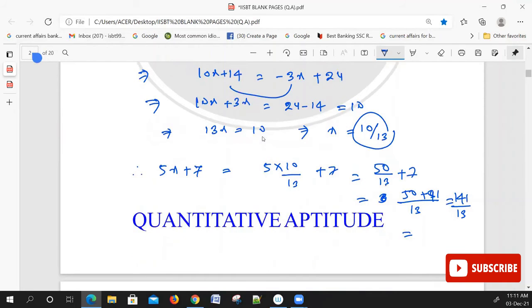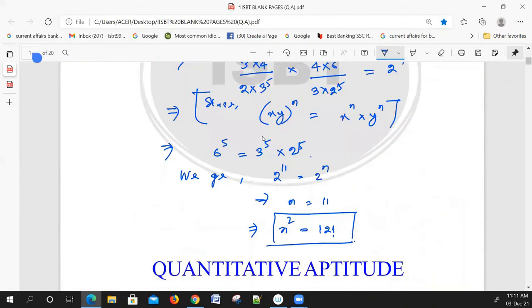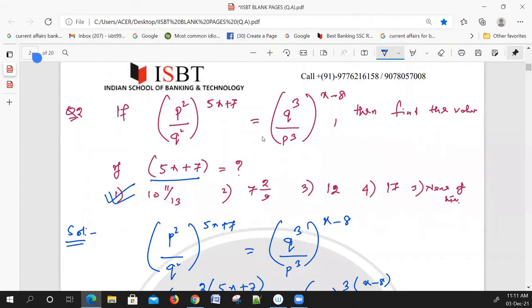That is equal to, 13 ones are 13, then 10 whole 11 by 13. This is the answer. So 10 whole 11 by 13. This is option 1. Okay. Now understand everybody.